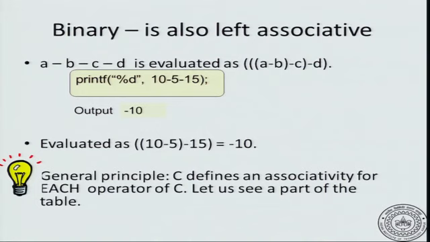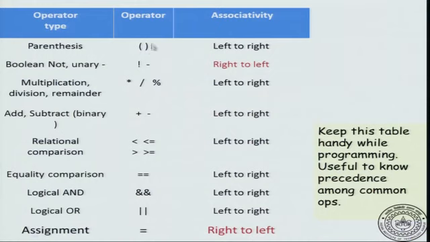In general, for every operator, C defines an associativity. So, let us see the table of associativity of operations in C. There are several operations that we have seen so far: the parenthesis, the logical not, and the unary minus, the binary multiplication, division, and so on, addition symbol, comparison, less than or equal to, and so on, equality, logical and, logical or, and then the assignment operator.